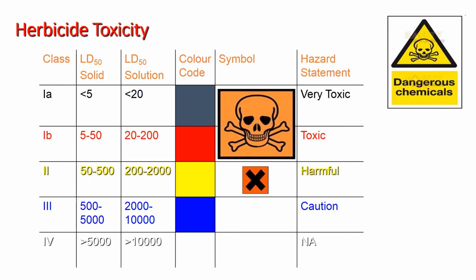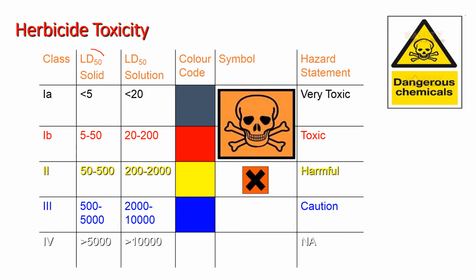Also, you need to know the toxicity level. What is the toxicity level for the herbicide? This table shows how a herbicide is classified according to class. Toxicity is what you can call the danger or poison level, based on oral LD50 values.